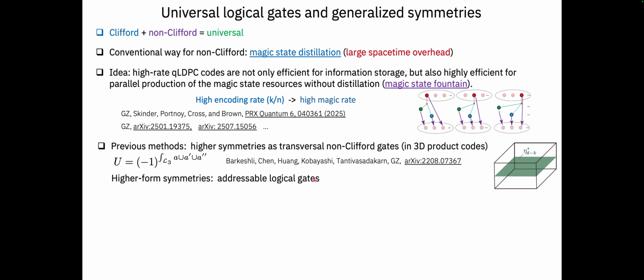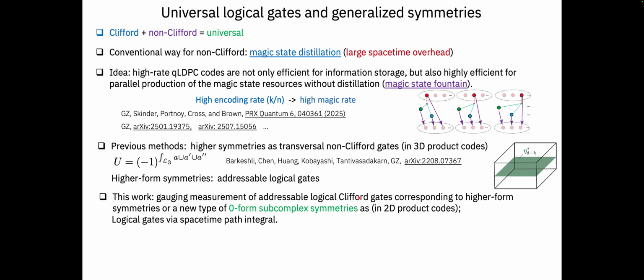But the way out is you can use the higher form symmetries because they are supported on a codimension K manifold for a K form symmetry. So it doesn't act on all the logical qubits. It only acts, in some cases, on the logical operators that have some intersection with this submanifold. So there you can have a targeted logical gate.